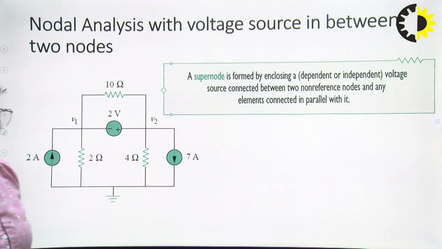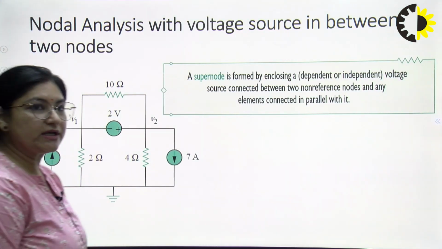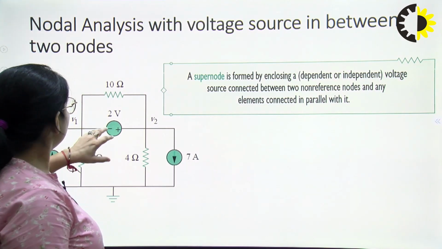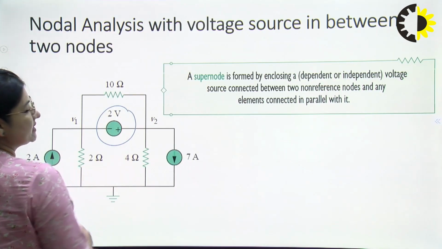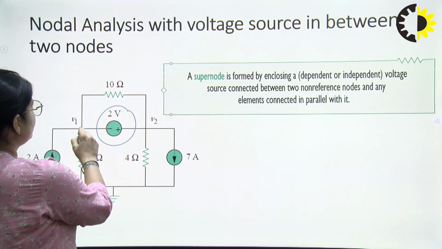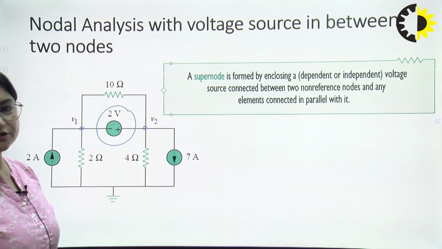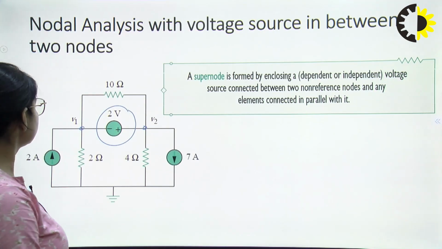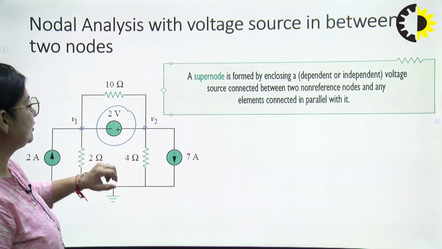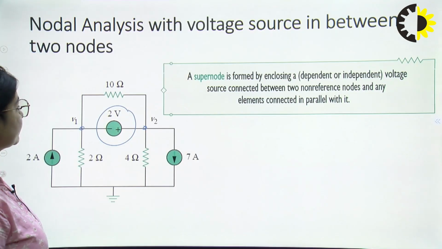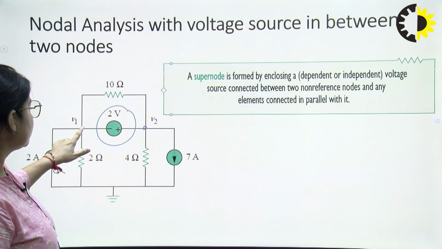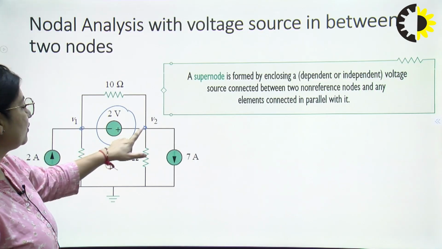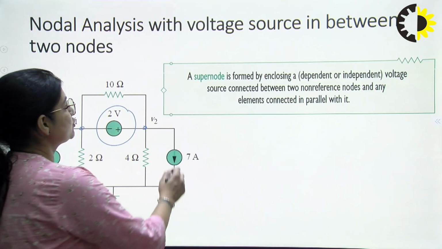Okay, now there is a special case in which a voltage source is connected between two nodes. A voltage source is there between 2 nodes V1 and V2. So this is a special case for the nodal analysis in which this node 1 and node 2 will be called as super node.